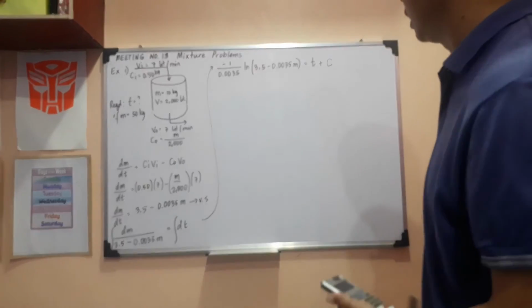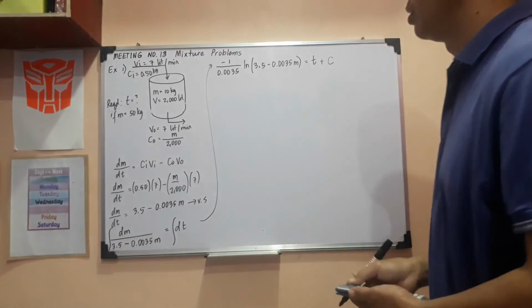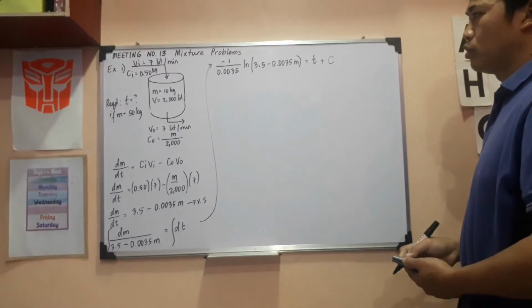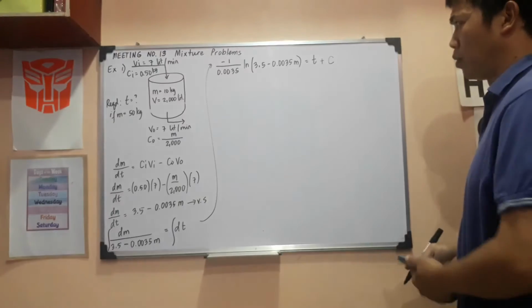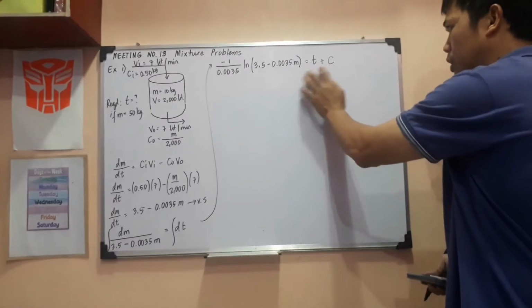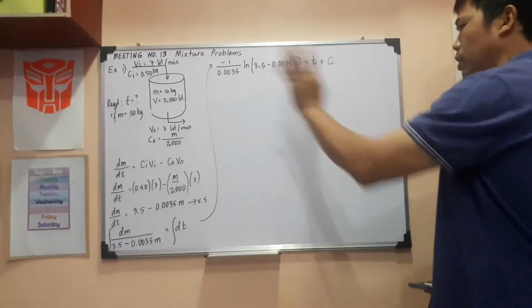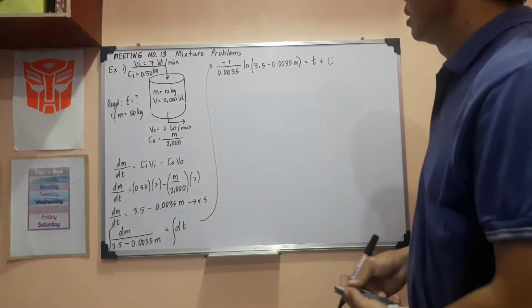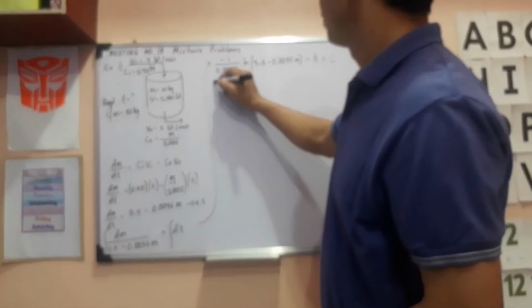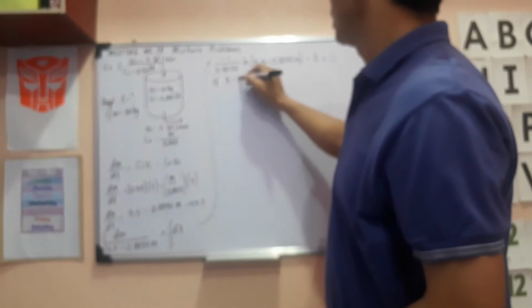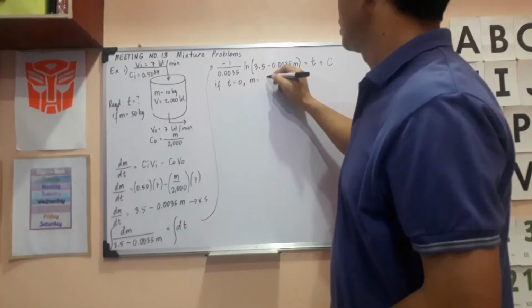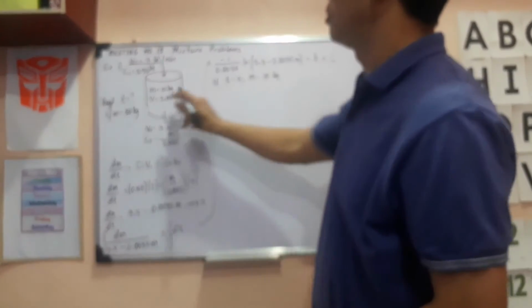So, bakit siya hindi ln? May lumabas tayo ln dito. Yun sa mixture problem. So, kung lahat ay ln to, pero kung hindi ln at with respect to time, yan lang yung naka-ln. So, let's say if t is equal to 0, ang mass niya is 10 kg. Dahil initially, di ba?